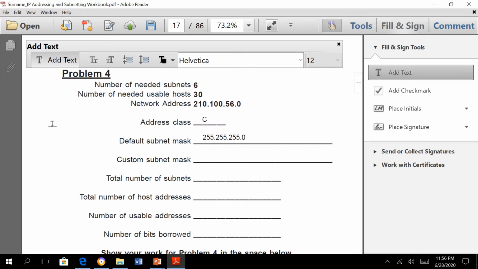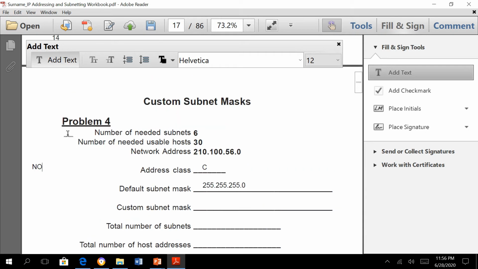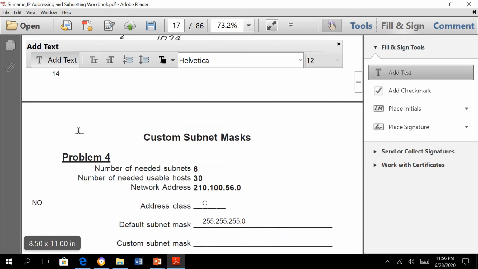Remember our formula: I think it's better to write it here. The number of usable hosts per subnet is equal to 2 raised to m minus 2, if you remember. So you play around with m.